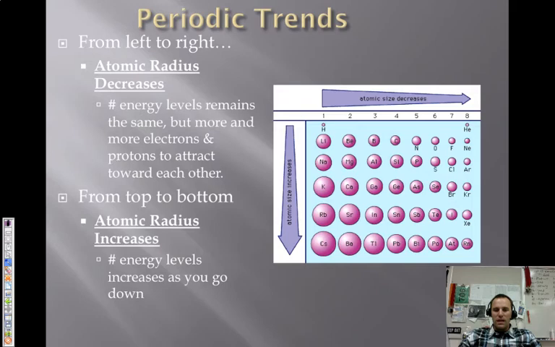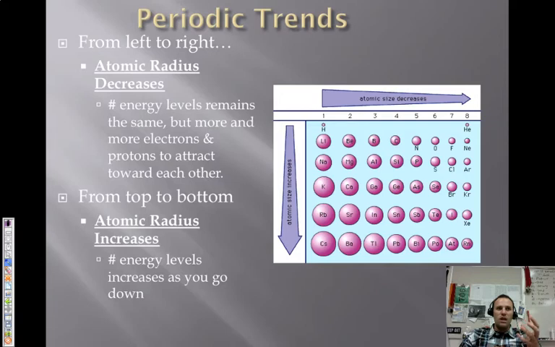Well, the explanation for this is actually pretty logical if you think about it. Let's look at the second row, starting with lithium. As you go across the row from lithium, the number of energy levels is staying the same. It's the second energy level all the way across, being that it's in the second row. So every time you step to the right, you're adding 1 more electron and 1 more proton to the atom.